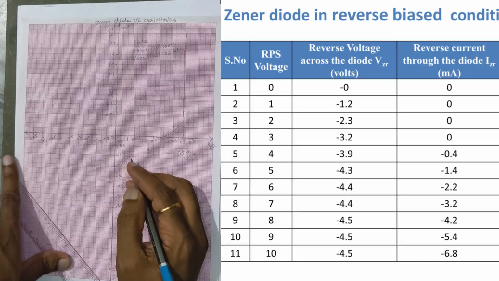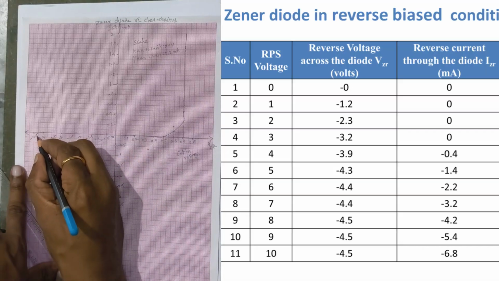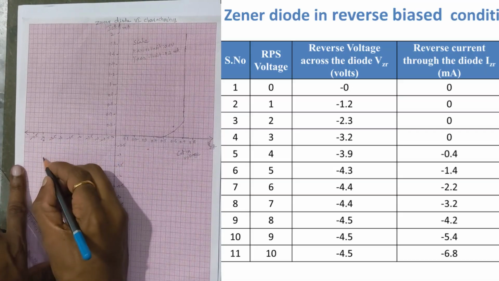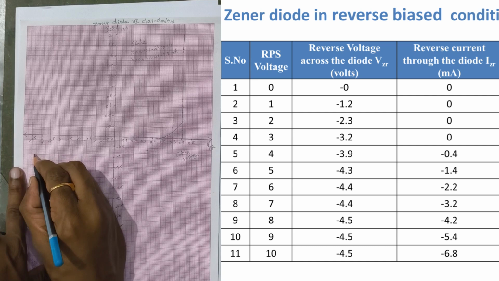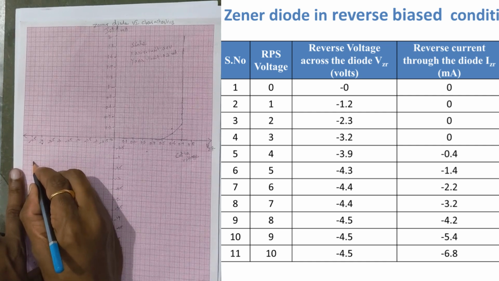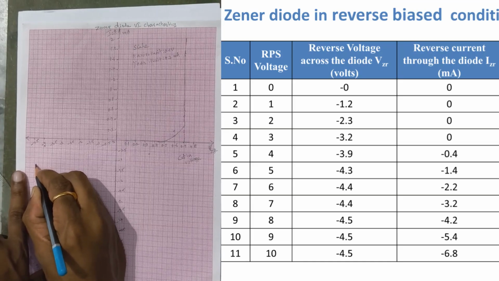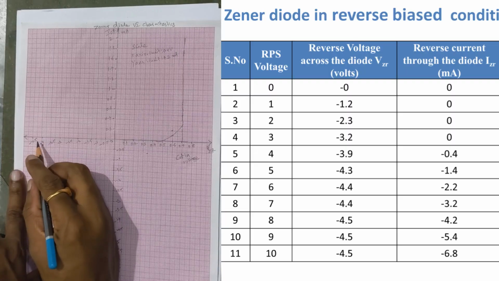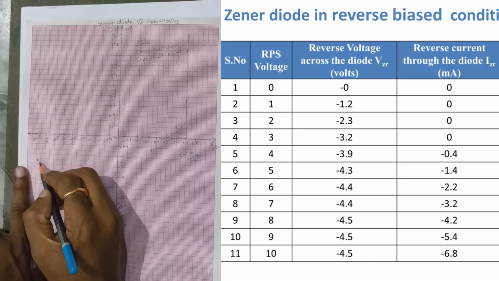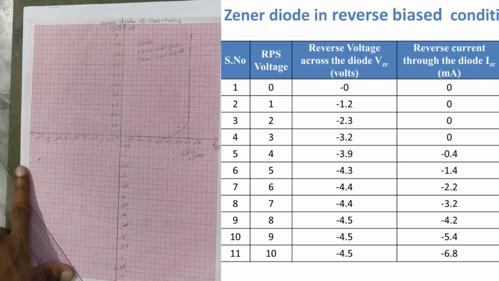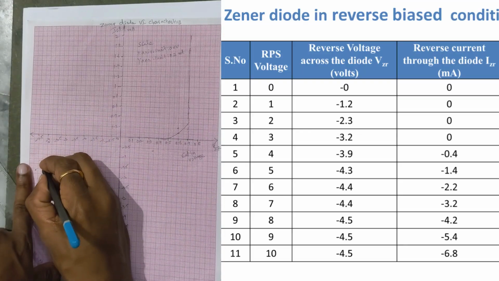Now at minus 4.3, the value is 1.4, this is a point. At minus 4.4, it is 1.3, and this is a corresponding point. At minus 4.25 this is a point.